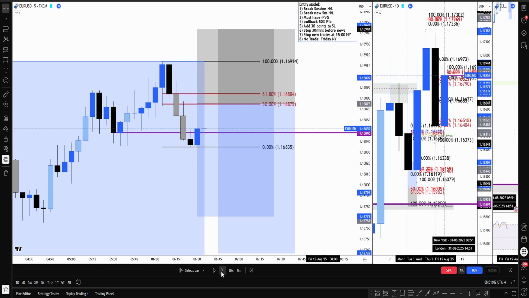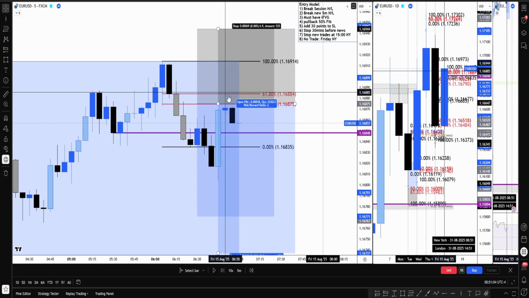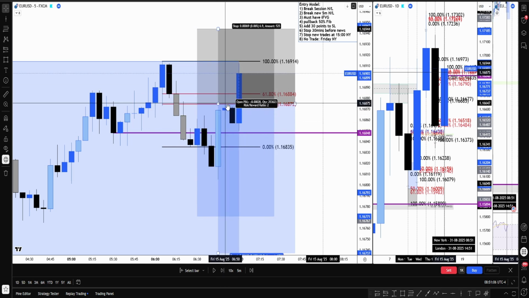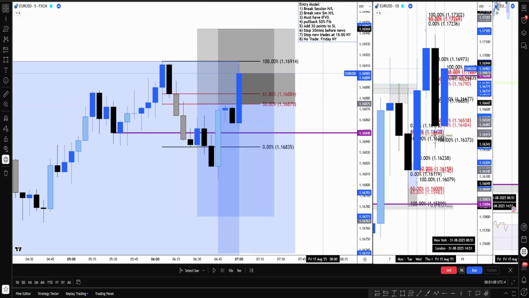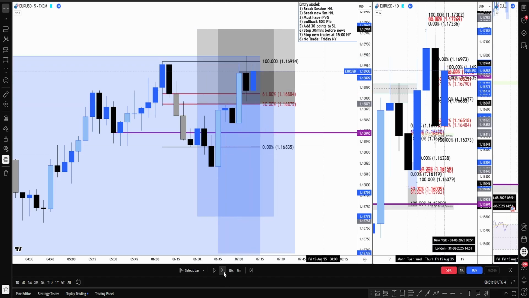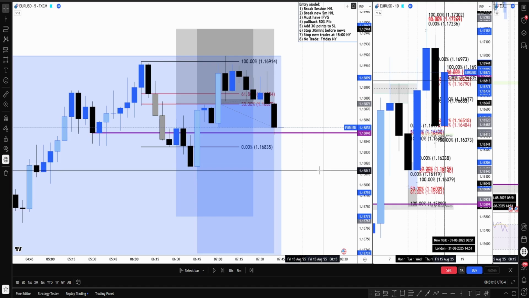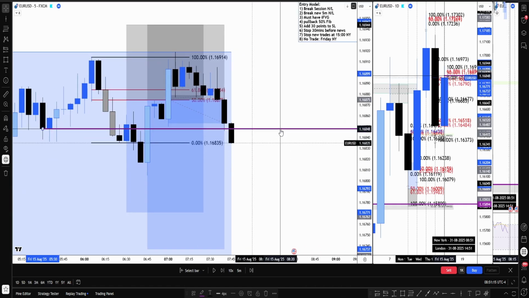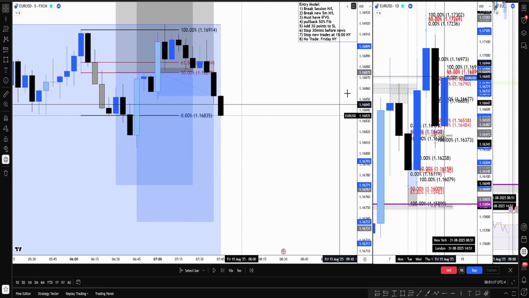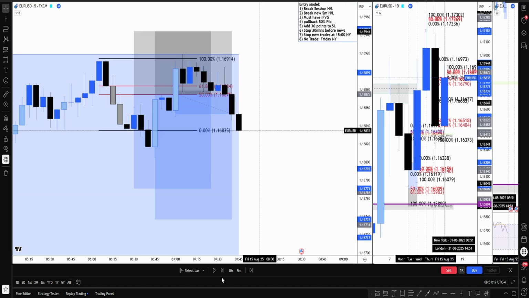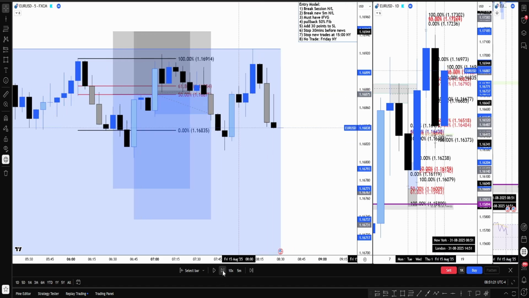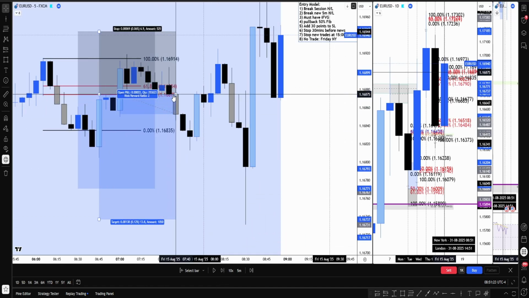All right, let's do this. Let's move forward, and I would have entered here. Easily entered here. Okay, we're entering the trade. Let's move forward. We are inside both trades. Beautiful.